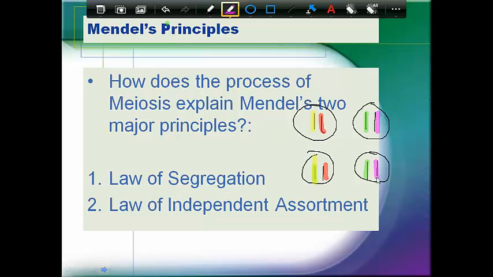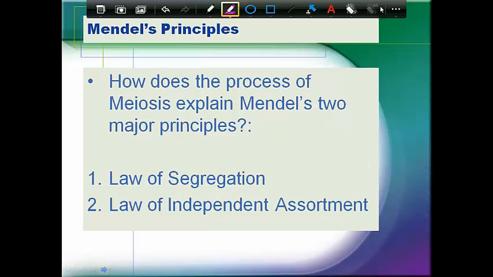Now, would it have been possible for yellow to end up with pink and red to end up with green? Well, the law of independent assortment says it has to be random which chromosomes, and therefore which genes, and then again which alleles end up with each other. So let's go back and see why that is. Why could we have different mixing of these colors of chromosomes in the end.